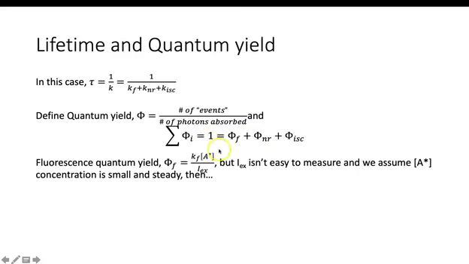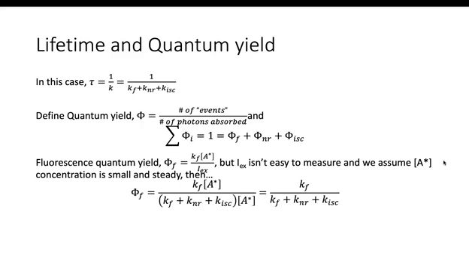Our fluorescence quantum yield is this kf[A*], because we had that from the previous slide, over the number of photons that are exciting our ground state population. It's not real easy to determine this number of photons, so we're going to assume that this A star is basically small but steady. We just have constant excitation of light; we're constantly pumping, and we always have this constant excited state population.